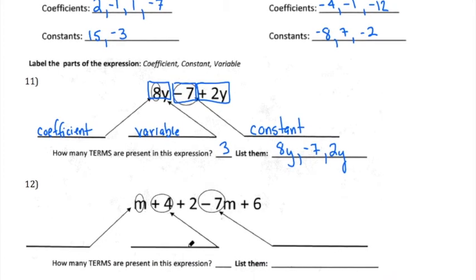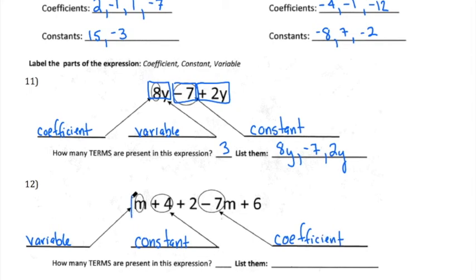In number 12, m here is a variable. Positive 4 here is a constant because there is no variable in that term. And negative 7 here is a coefficient. Great. Okay, so how many terms are present in this expression?